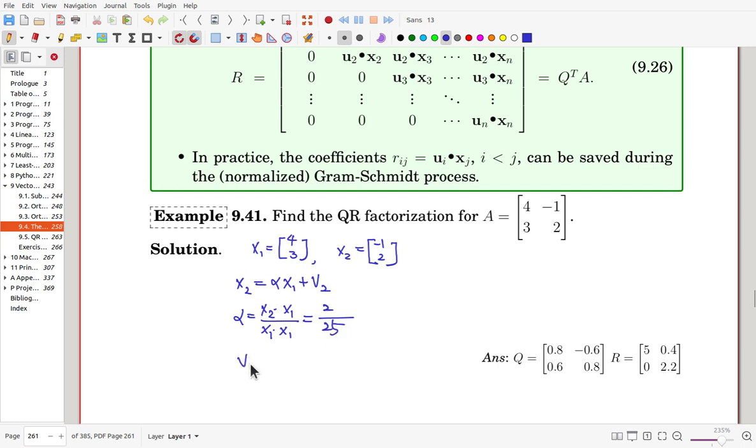So here v2 is x2 minus alpha x1. That is (-1, 2) minus 2 over 25 times (4, 3). This one is the same as 8 over 100. So minus 1 minus 32 over 100, that is minus 1.32.